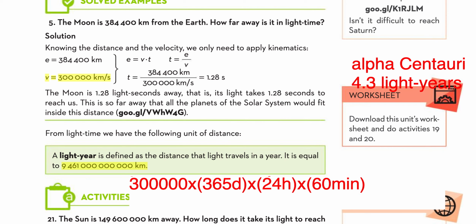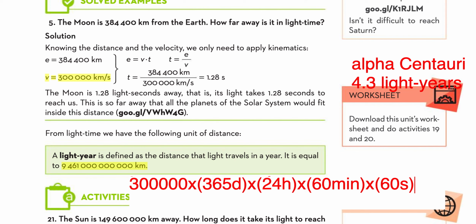And in 1 minute, there are 60 seconds. Well, if you multiply all these numbers, the result is this. Try at home with your calculator and you see that you get the same number.